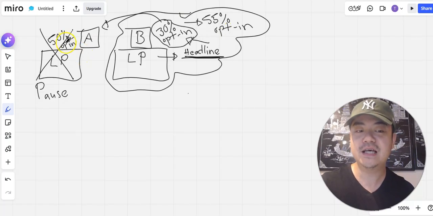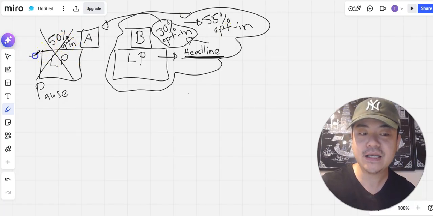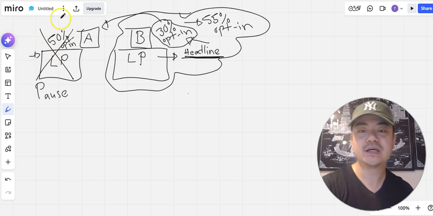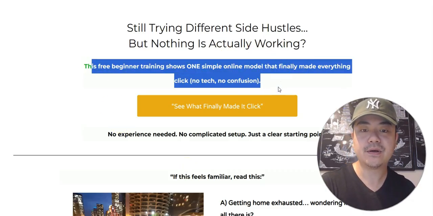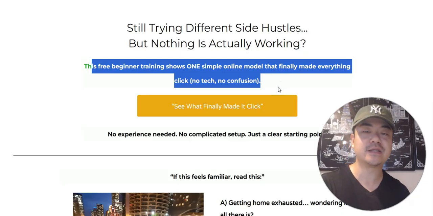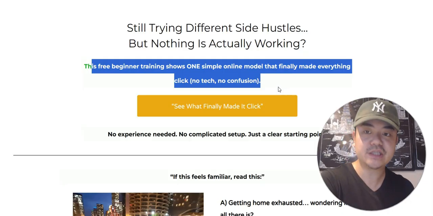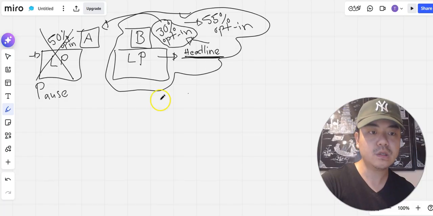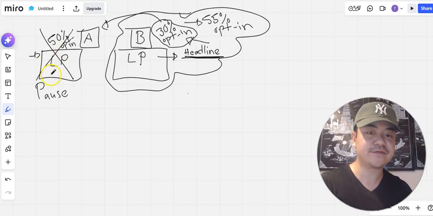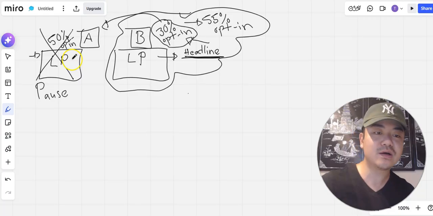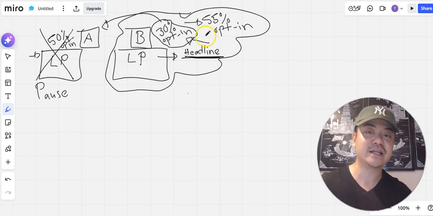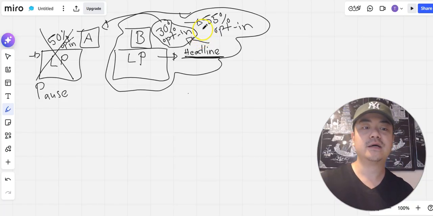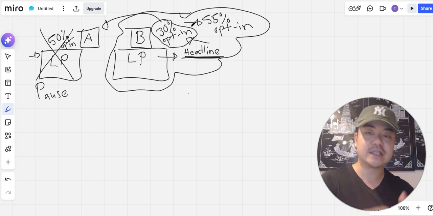Now I need to change up landing page A, perhaps the sub headline, since it could be the culprit of why it's not performing at its fullest potential. My goal is to make sure this 50% opt-in rate beats that 55%. That's how I test things on lead capture pages.